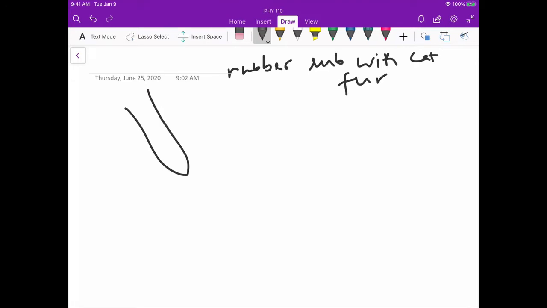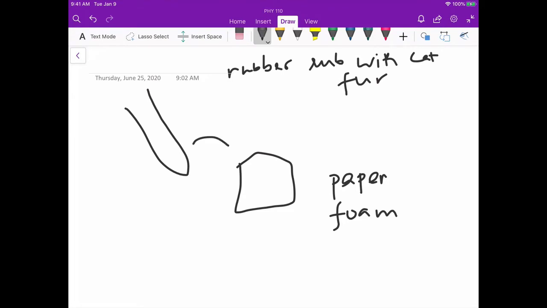So, if you rub it, then let's assume this is just a small piece of material, or it can be paper. Mostly we use paper, or some kind of small ball of foam. Then if you bring this close to this object, there will be an attraction, right?